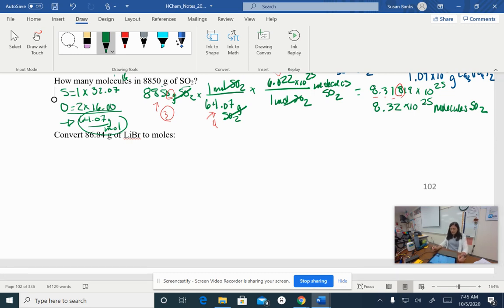So once again, my very first thing I've got to do is figure out the molar mass of lithium bromide. So that means I need to look at lithium on my periodic table, and I need to look at bromine on my periodic table. So I've got one of each. So lithium and bromine, let's look those up.